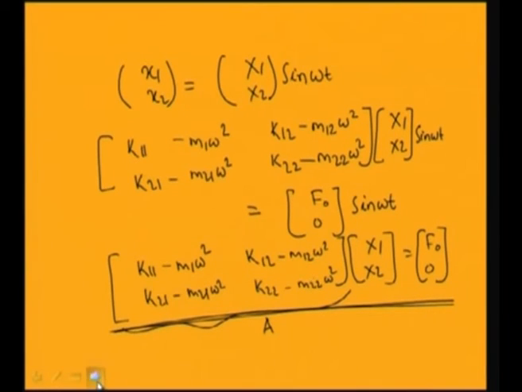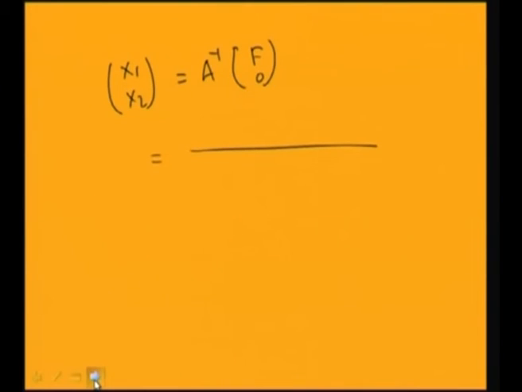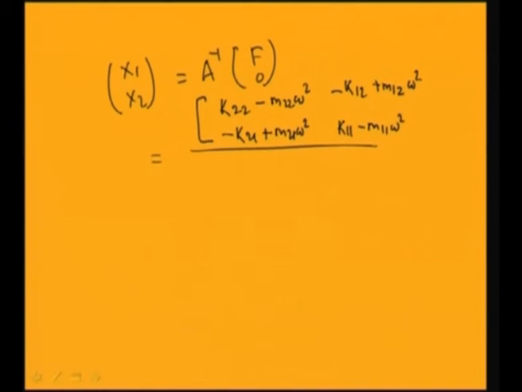So if you write in this way, it becomes k22 minus m22 omega square, minus k21 plus m21 omega square, minus k12 plus m12 omega square, and k11 minus m11 omega square, into F0 0, divided by the determinant of this.